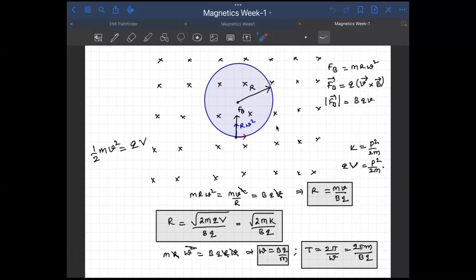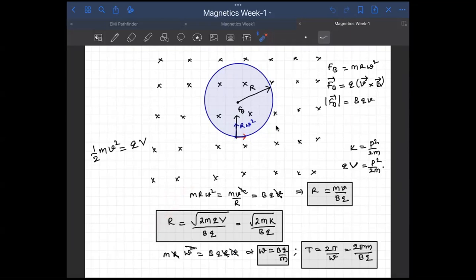So BQV is the force that is actually centripetal here. So I am equating BQV to m v square by R. Finally, I am having the expression for radius like this.